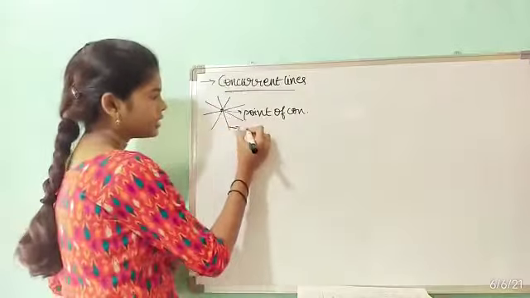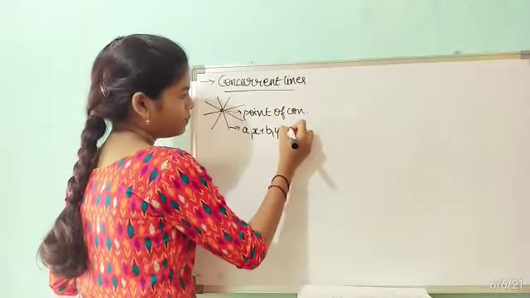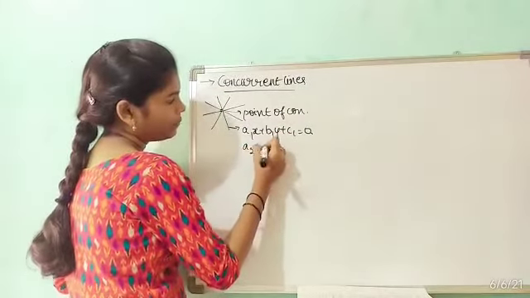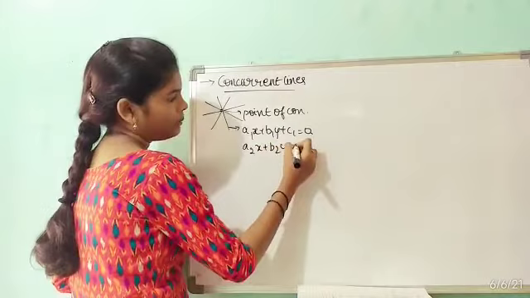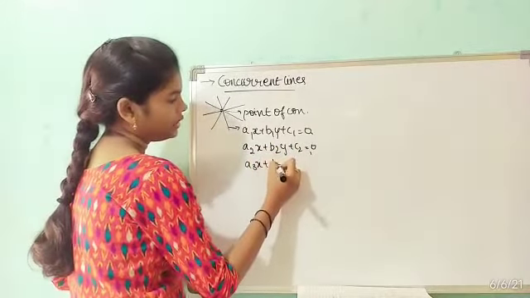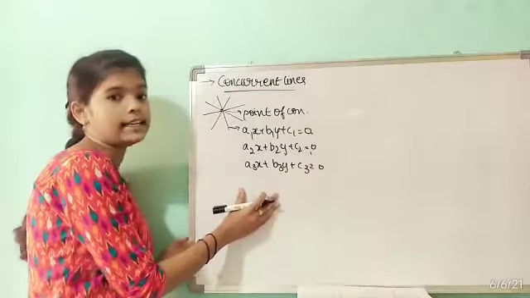Suppose we give the equations as a1x plus b1y plus c1 is equal to 0, another equation a2x plus b2y plus c2 is equal to 0, and a3x plus b3y plus c3 is equal to 0. So these are a few concurrent lines we have taken.